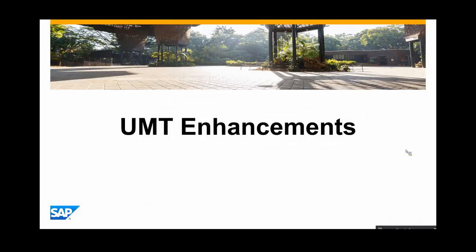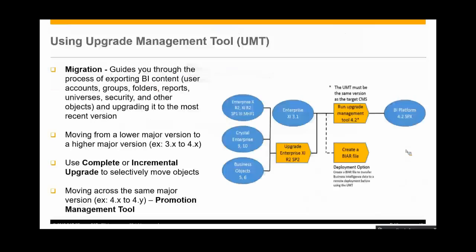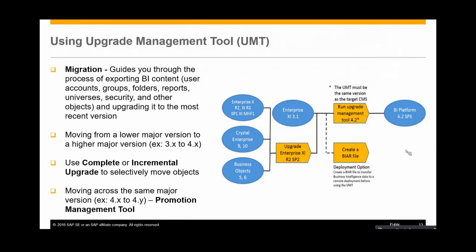I now move on to the next topic, which is the upgrade management tool, and I'm going to talk to you about a few enhancements in the upgrade management tool. Just to give you an introduction, the upgrade management tool is key for your migration from a 3.x release or a release earlier than 3.x to the new version, be it 4.1 or 4.2.